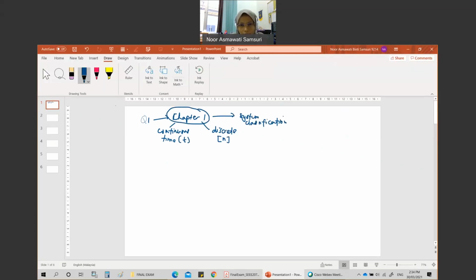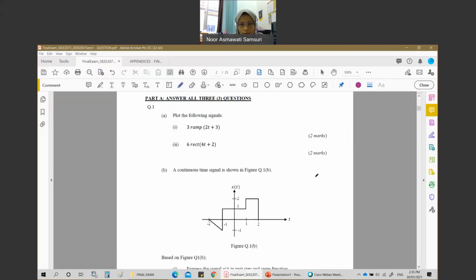All right, so let's look at the final exam question as an example. This is only an example, so do not just rely on this question, because your re-exam question will be different. For example, question 1A. Again, I would like to stress that you write down all equations and every single step.